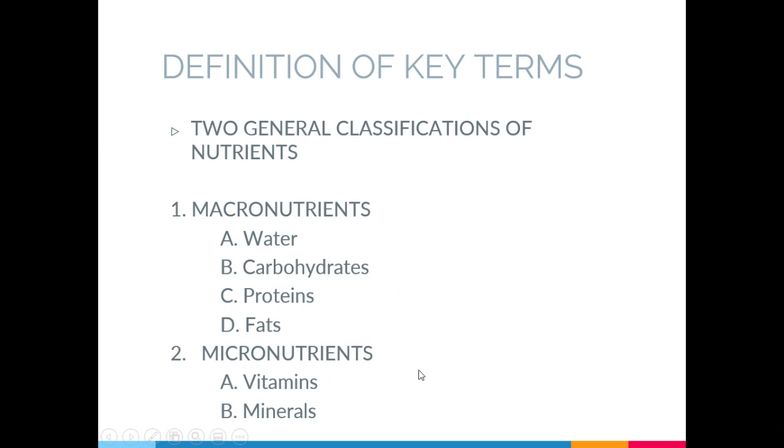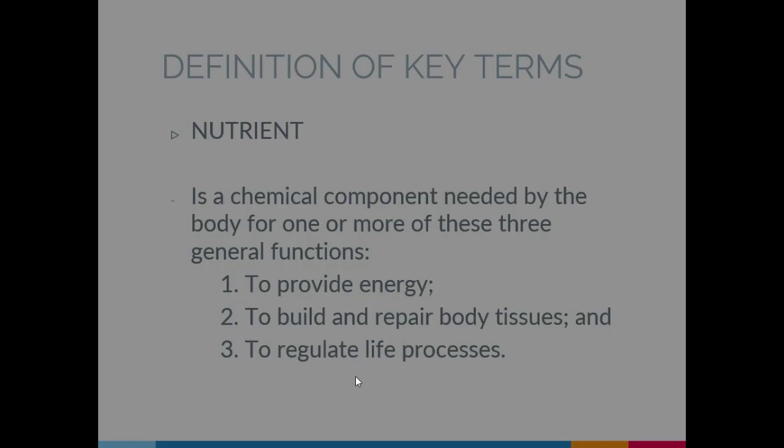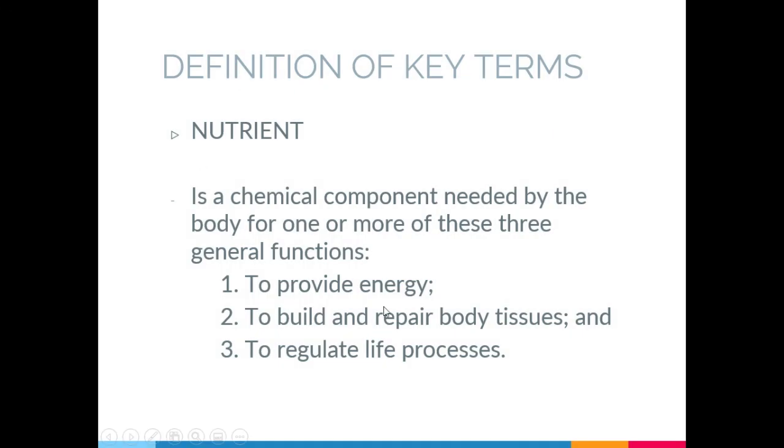While these micronutrients, we need only in minute amounts, in milligrams or micrograms per day. That's why they are called micronutrients. Our food only comprises small amounts of these nutrients, because micro means small.